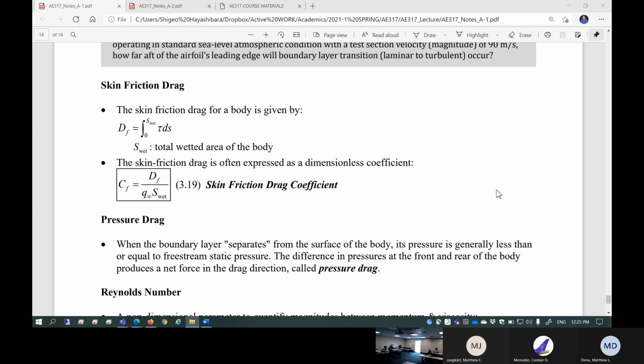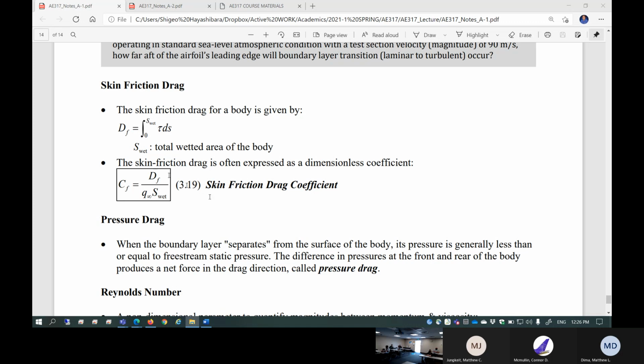How much surface is exposed to the external air is a big thing. So you count every exposed surface, something called the wetted area of the body. If you pick up your airplane design and dip it in the water, how much surface is wet, that's called wetted surface area. Every surface contributes to the skin friction drag coefficient.